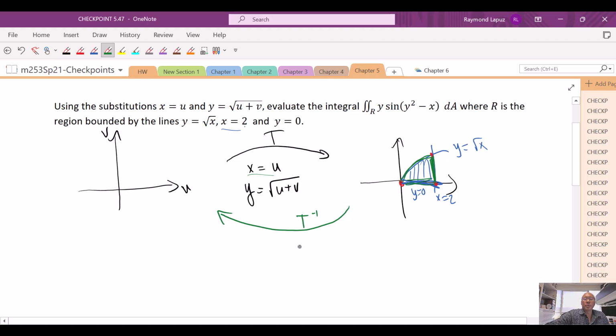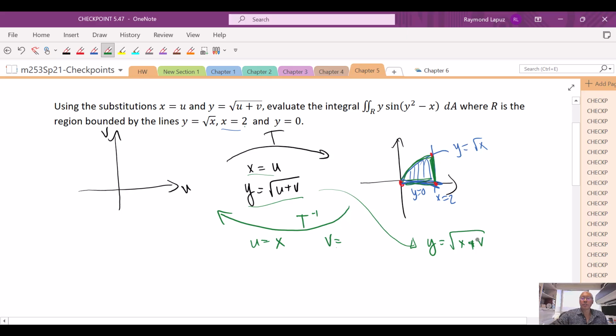So the inverse transformation tells us we need to find u is equal to and v is equal to functions of x and y. Well, clearly x is equal to u, so u must equal x. To figure out what v is equal to, we have an equation here that has a v, so let's figure out what y is equal to. Now u is equal to x, so y is equal to the square root of x plus v.